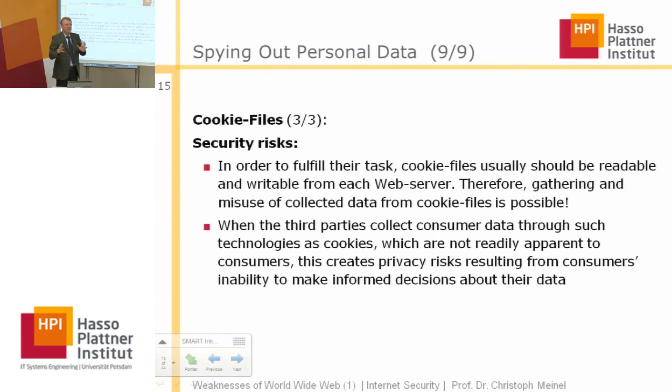A consumer does not really understand what kind of information is stored in the cookie. This creates privacy risks resulting from consumers' inability to make informed decisions about their data, because if people know exactly what the preferences of the person are, they only show things that fit.